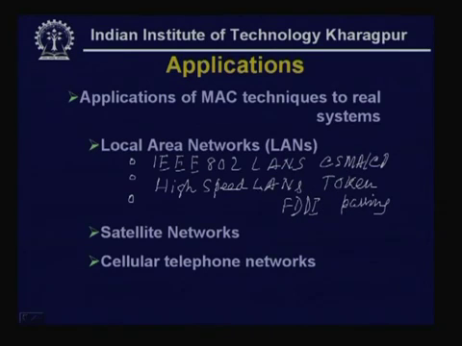So in high speed LANs both CSMA CD and token passing protocols are used, and there will be another local area network, that is wireless LAN, where we shall find the use of the CSMA CA protocol. So CSMA CA protocol will be used in wireless LAN.